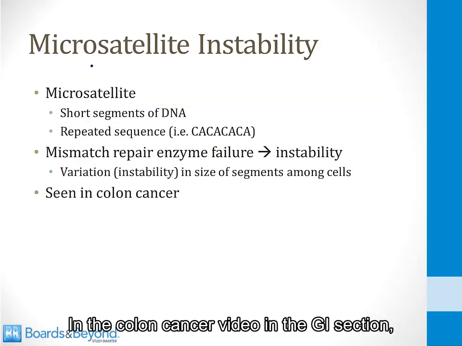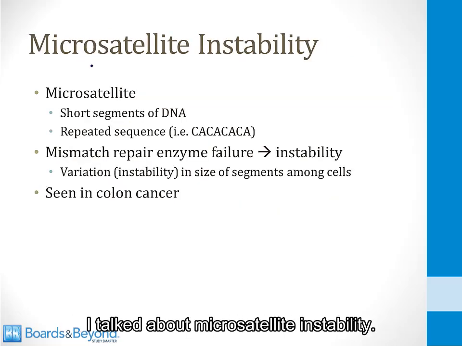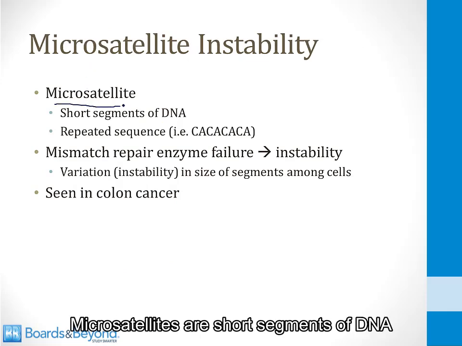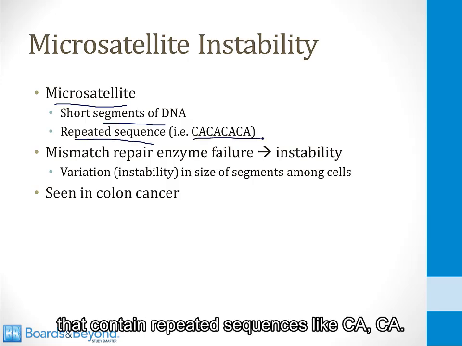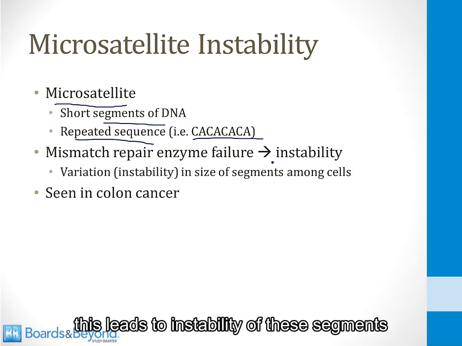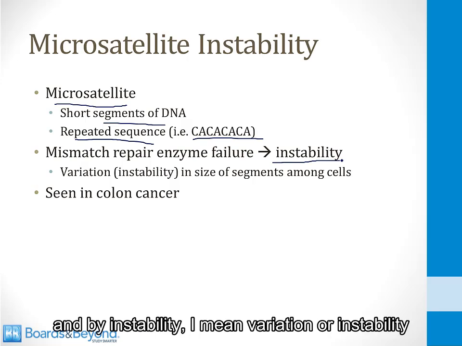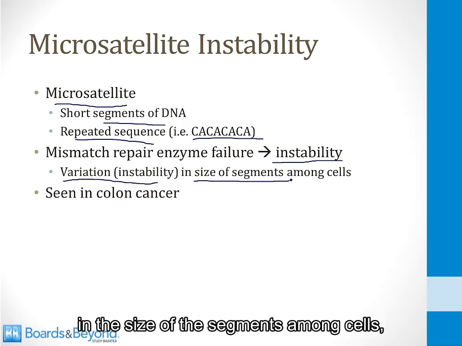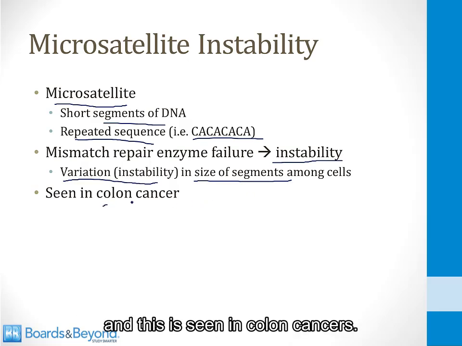In the colon cancer video, in the GI section, I talk about microsatellite instability. Microsatellites are short segments of DNA that contain repeated sequences like CACA. If mismatch repair enzymes fail, this leads to instability of these segments, and by instability, I mean variation in the size of the segments among cells, and this is seen in colon cancers.